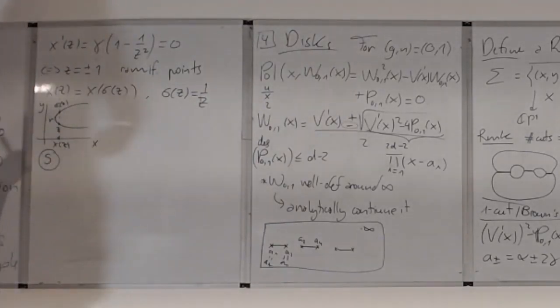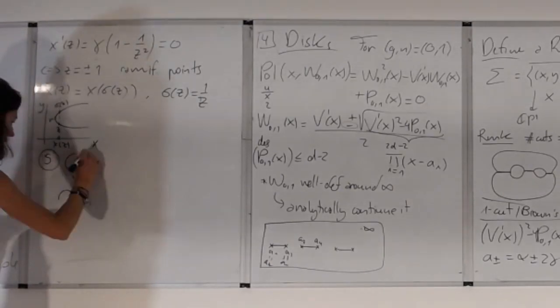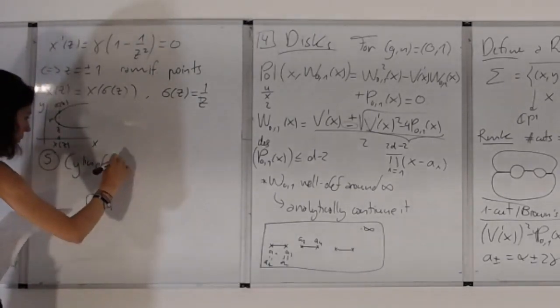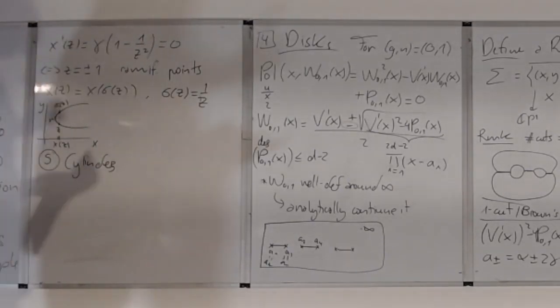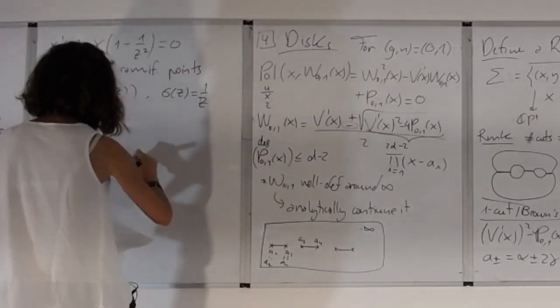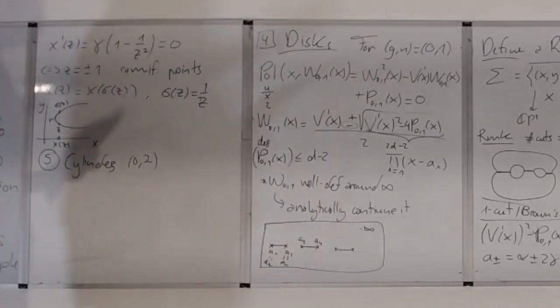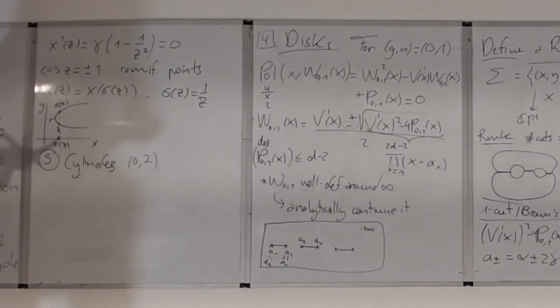So, okay, I will say very little about cylinders, but cylinders are very nice, because here we are in topology 0, 2, and it's where we get the Bergman kernel, which is the universal object.